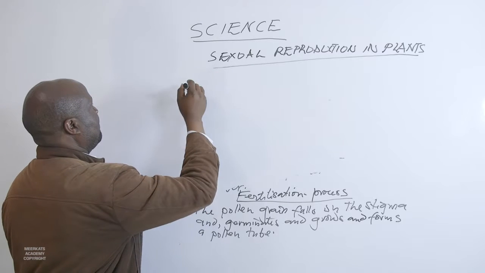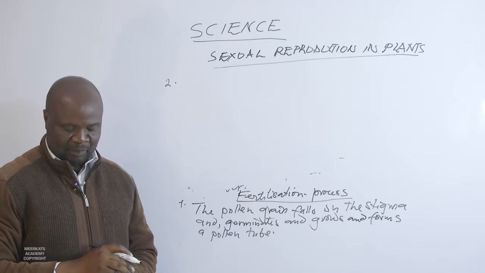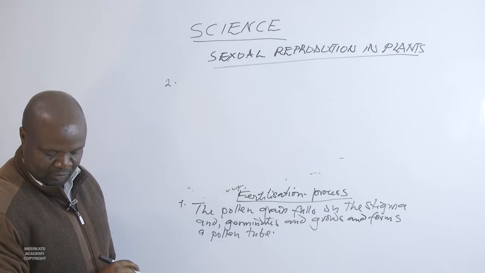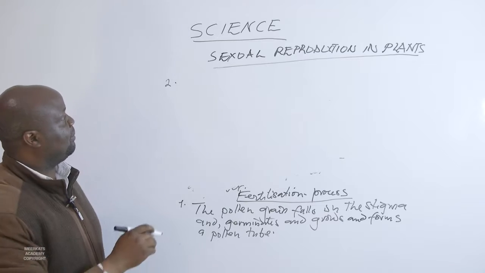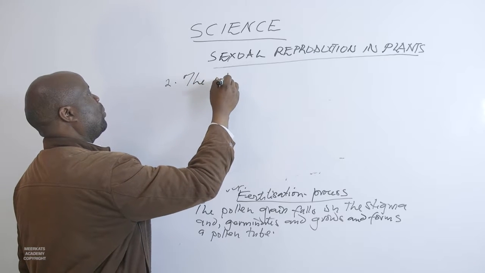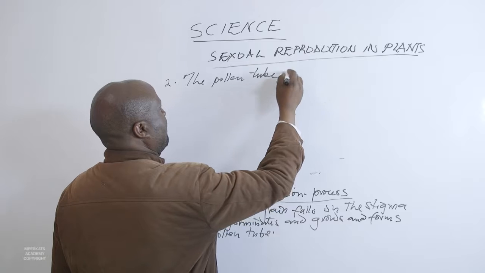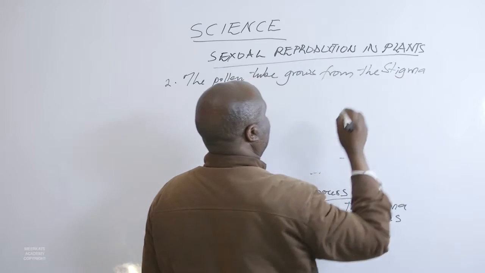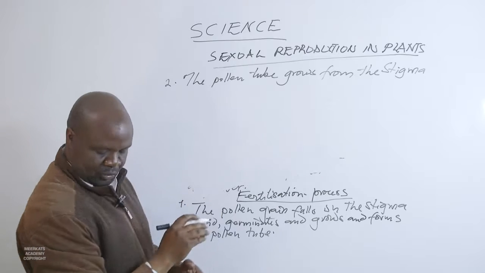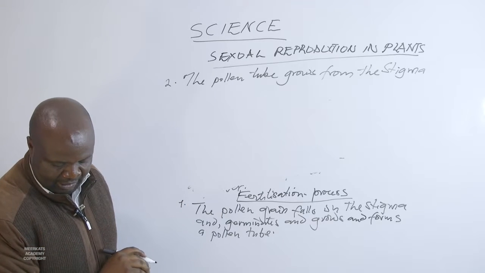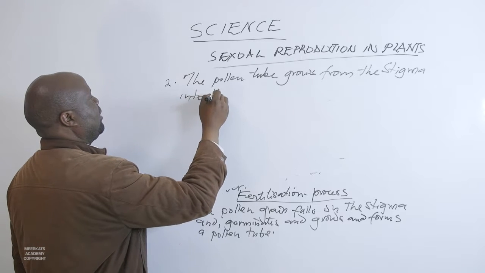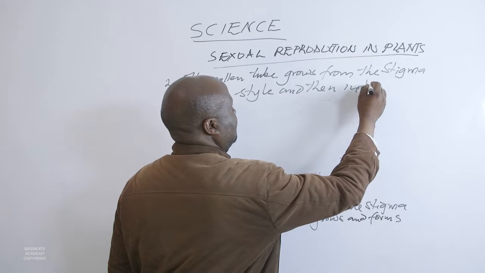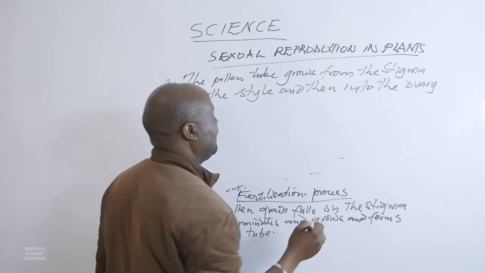The second activity that takes place: the pollen tube grows from the stigma into the style and lastly into the ovary.